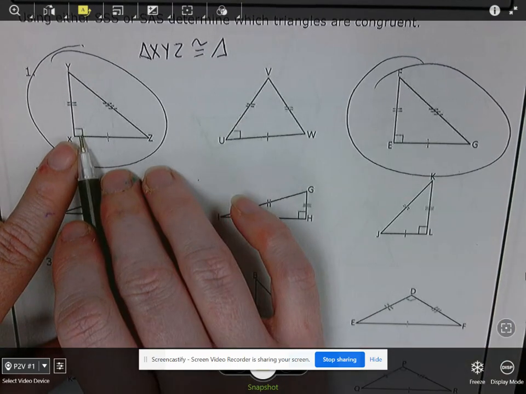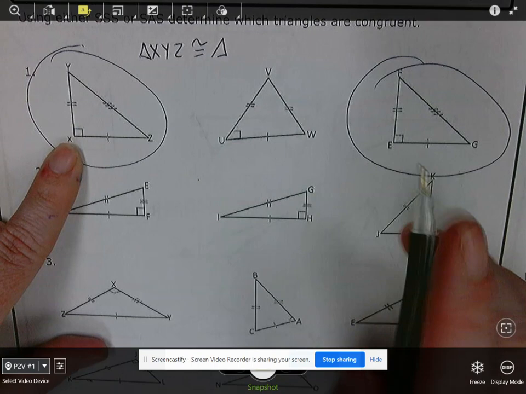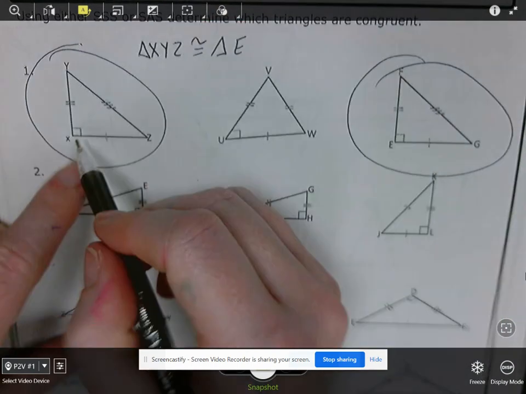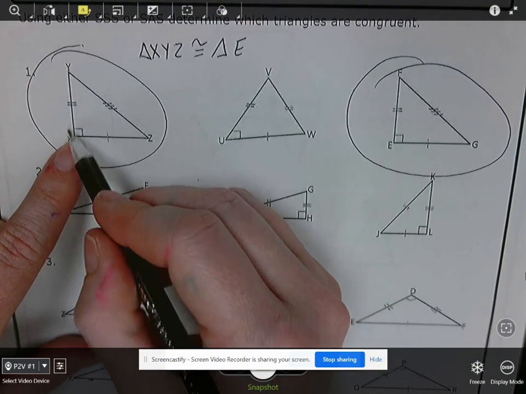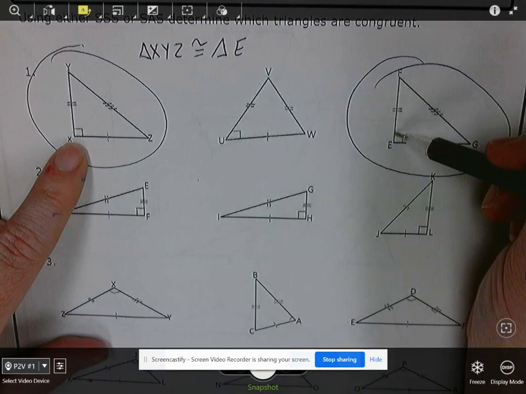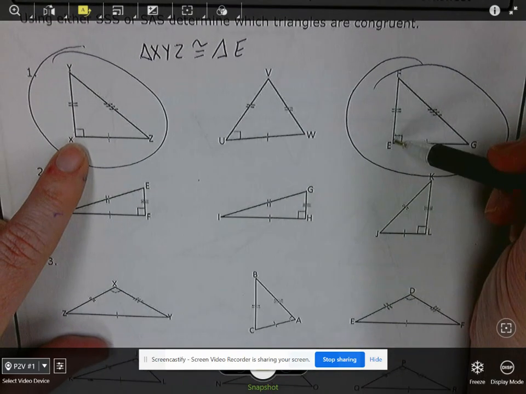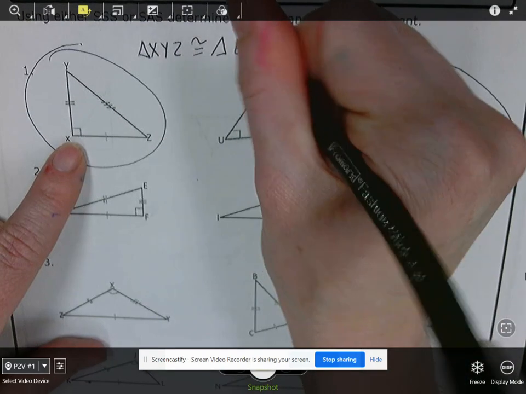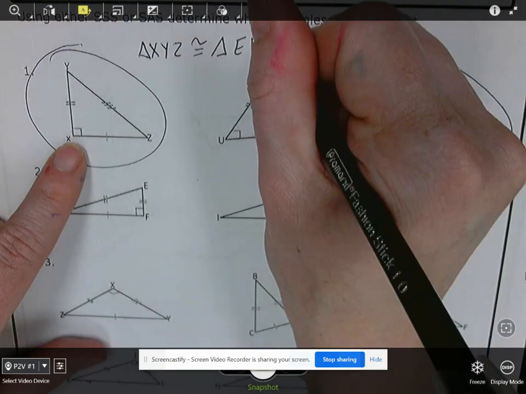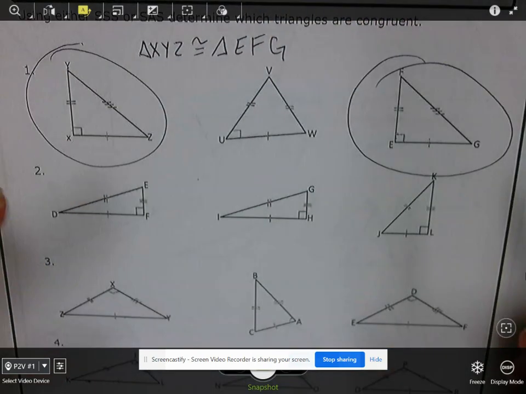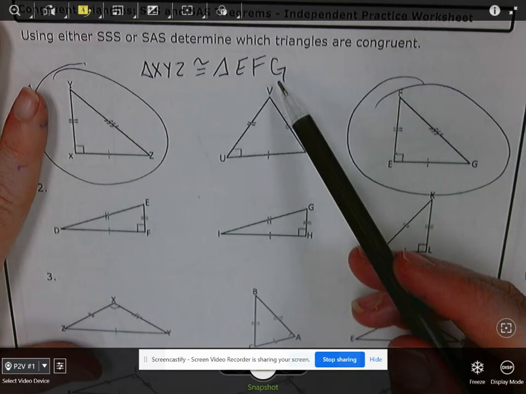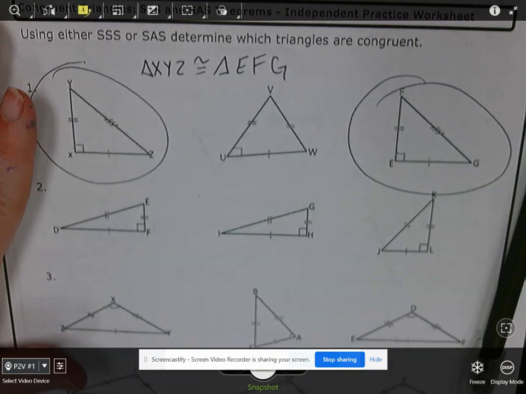So since I did X first, I would have to do E first. And then I went from X to Y, so I did the line with 2 marks. So you're going to have to do the line with 2 marks first. So you're going to have to go from E to F. And then the next one would be G. Okay. So circle the 2 triangles that are congruent and then write a congruent statement.